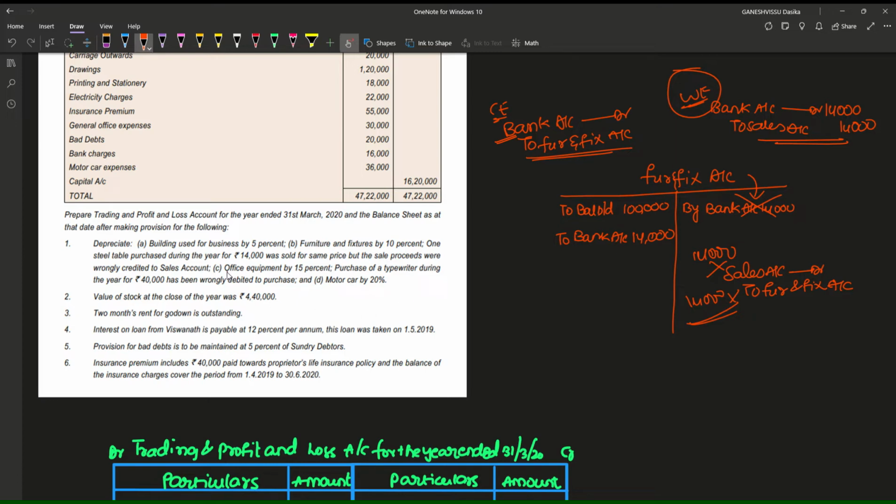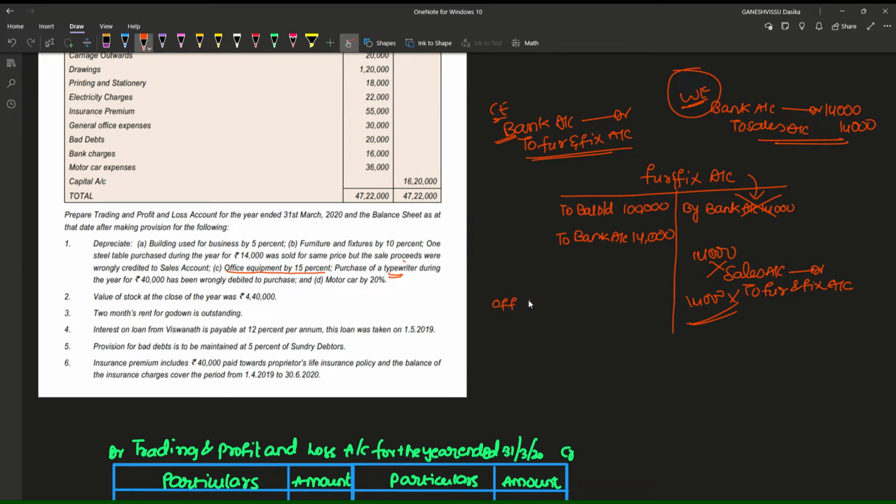Okay, office equipment by 15%. The depreciation will be charged on the balance of the assets, right? And it includes a purchase of a typewriter during the year for 40,000 rupees, but that has wrongly been debited to purchases. Same thing, right? If we have purchased a typewriter, the typewriter is office equipment, right?